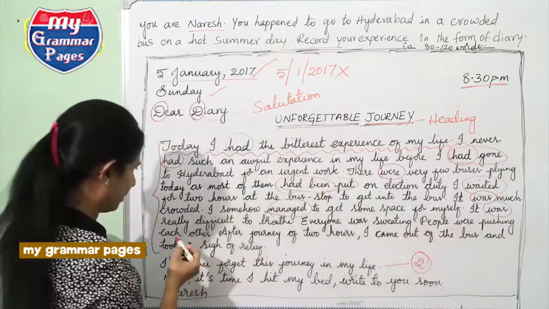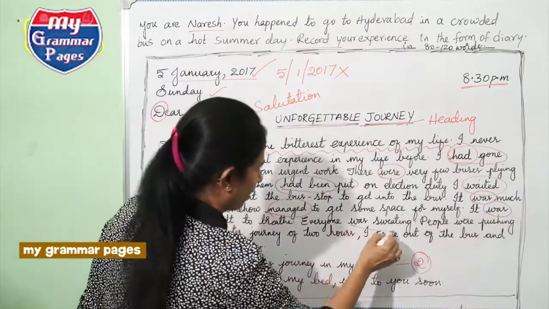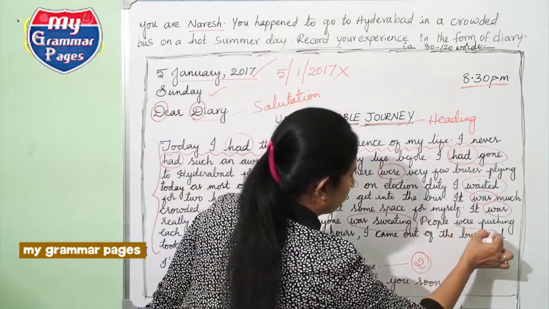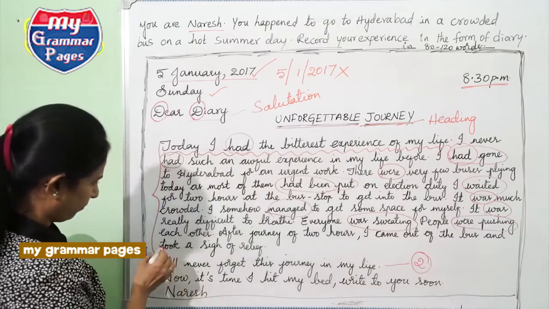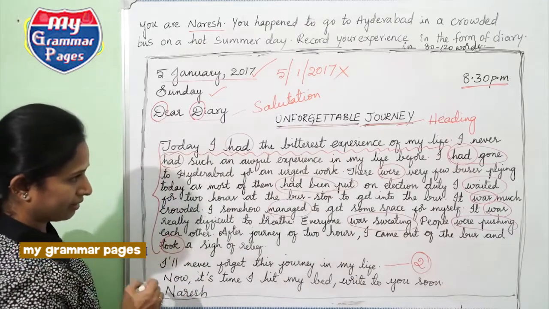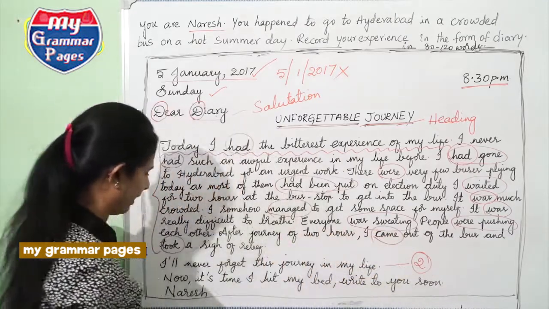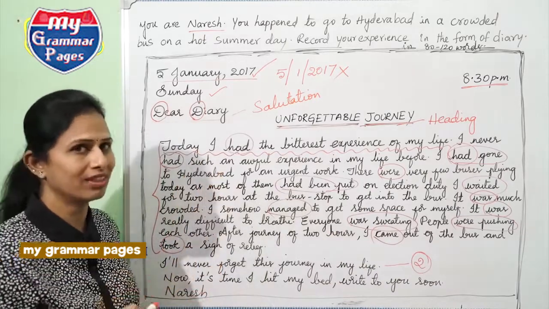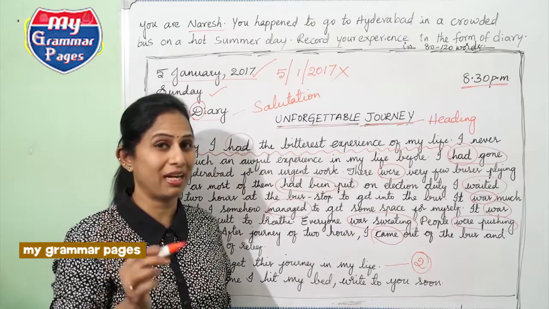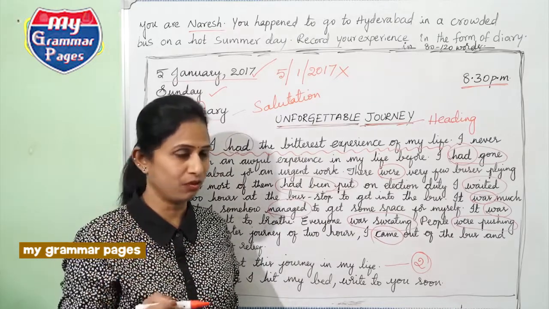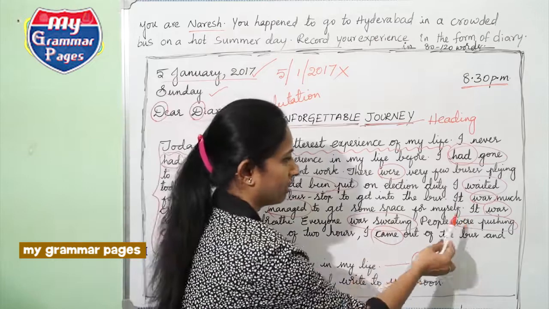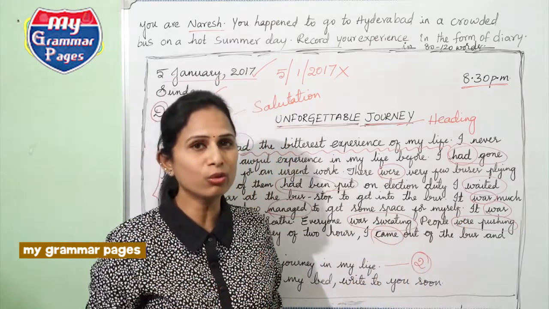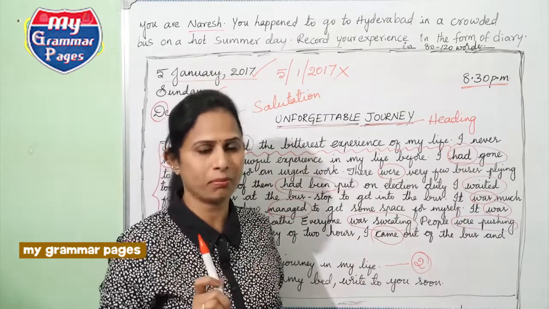Past continuous, simple past. Here it is simple past. See, in the first paragraph, the total verbs I have taken are in simple past and past perfect. In two cases, these are past continuous tense, but I did not use any other tense except past tense.